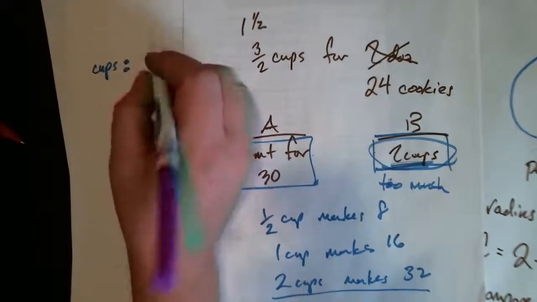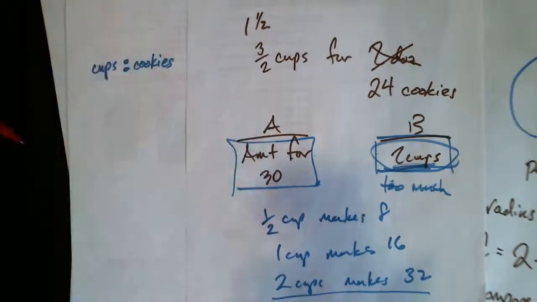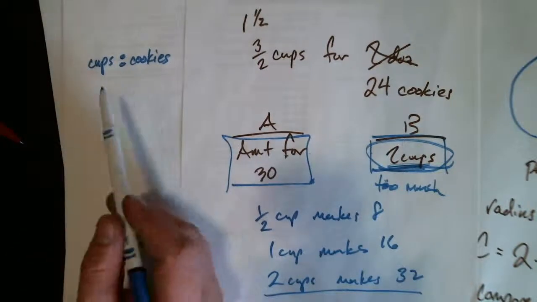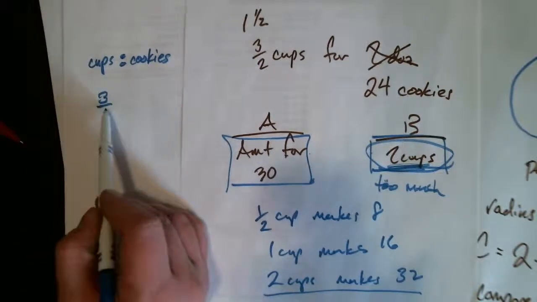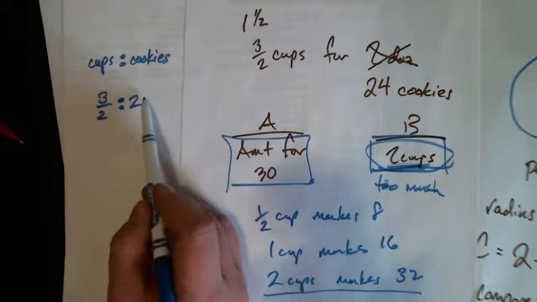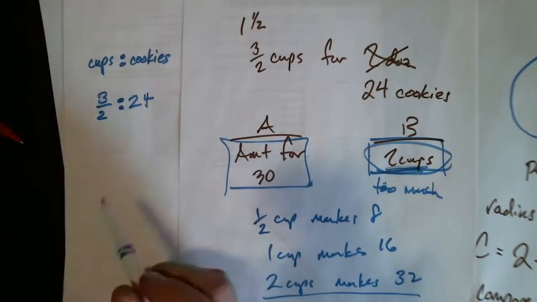Isn't it like yield over something? Well, maybe I would just think the ratio that you're given is 3/2 to 24, and you want to compare.